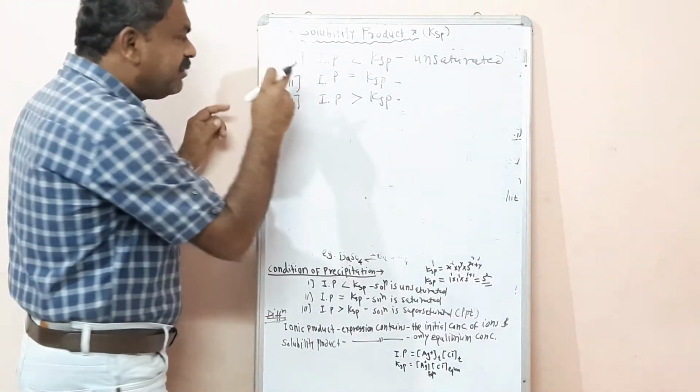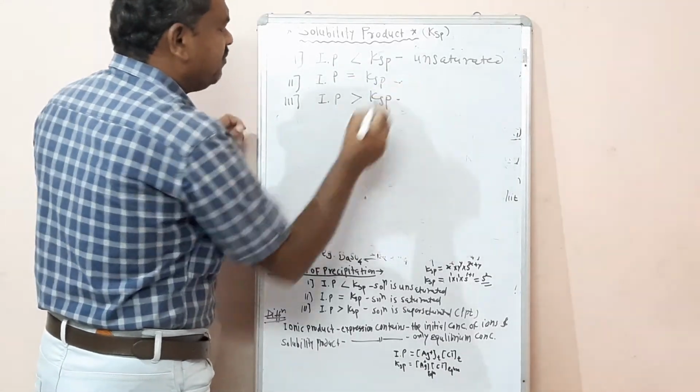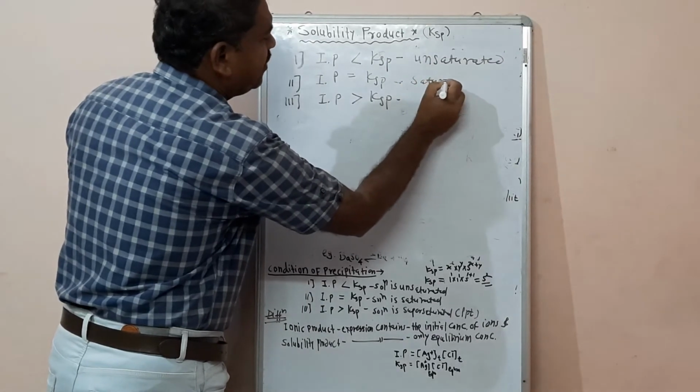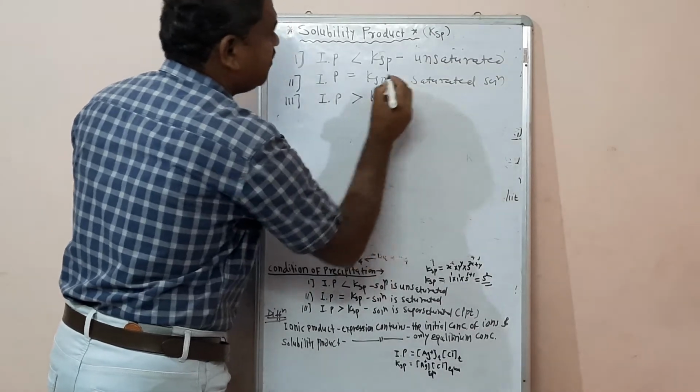If the ionic product is equal to the solubility product, then that solution is a saturated solution.